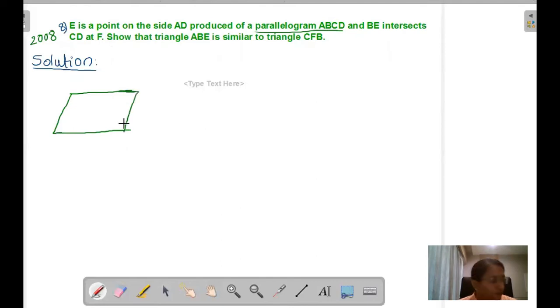Okay, so this is A, B, C, D. E is a point on the side AD produced, meaning we have to produce AD, and E is one point on that, and BE intersects CD, this side, at F. So join BE.